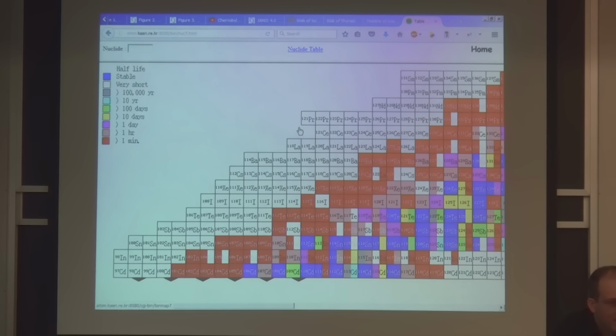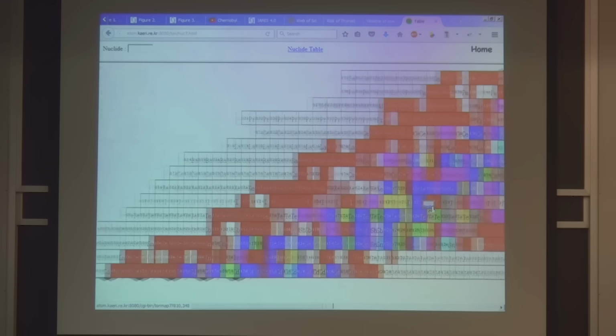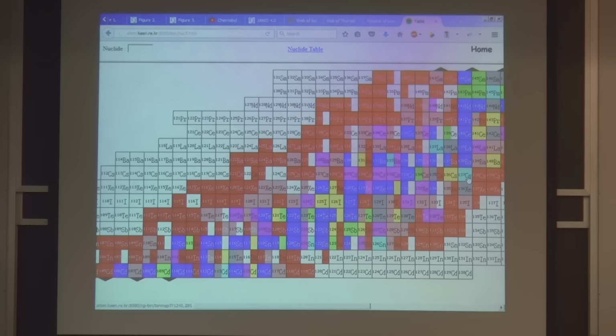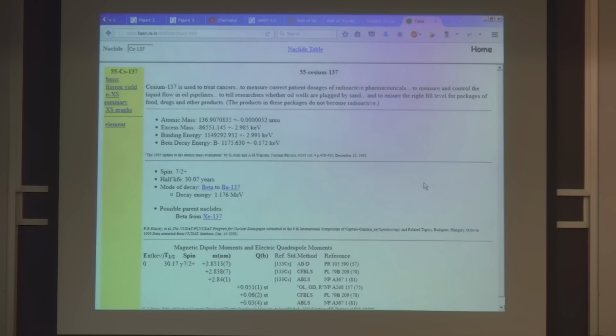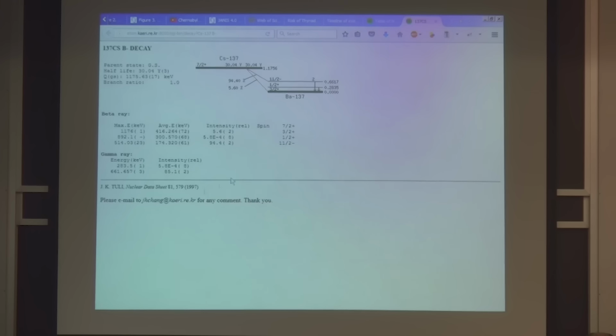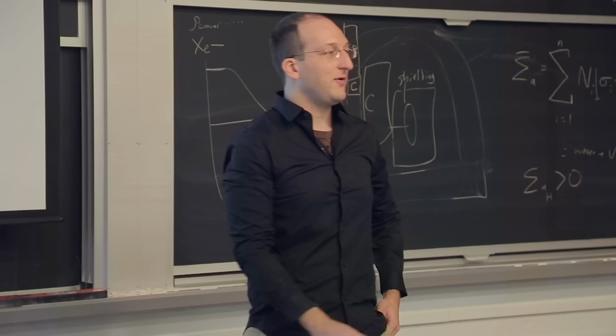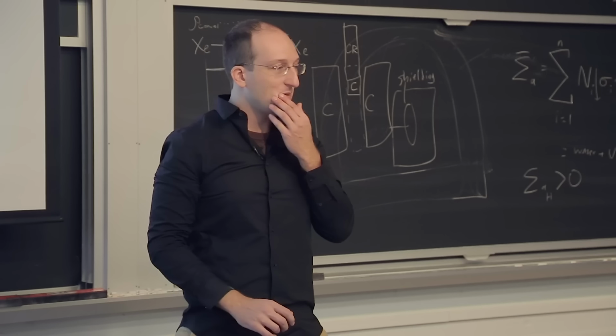Well, luckily, Brookhaven National Lab has a good version up too. But let's grab cesium. Cesium-137 beta decays to barium, but also gives off gamma rays, and most of the decays end up giving off one of those gamma rays, let's say a 660 keV gamma ray. So it's both a beta and a gamma emitter.